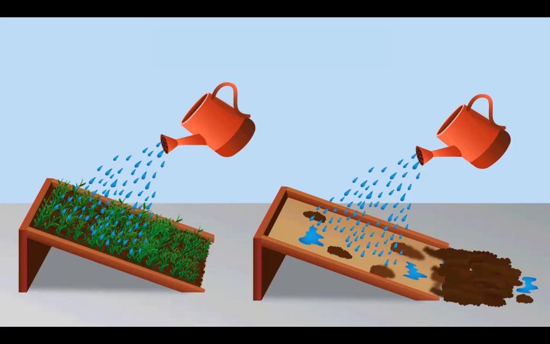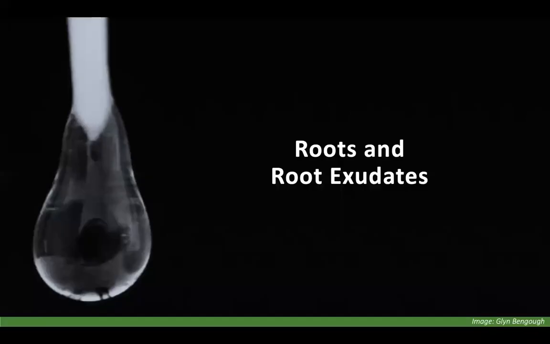Mulch, litter, fine. Living roots, even better, because you've got plants that are photosynthesizing, capturing sunlight, pumping root exudates down into the soil, and feeding the soil biology. So you're keeping the soil health more active. You're keeping the soil biology more functioning, because as those plants are growing, they are photosynthesizing, they are excreting these sugars, carbohydrates, amino acids, proteins down into the soil, these root exudates you can see here.